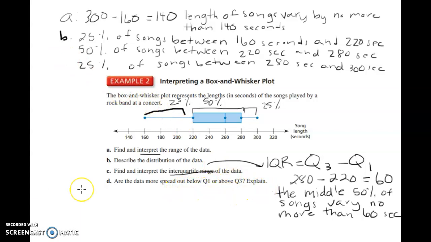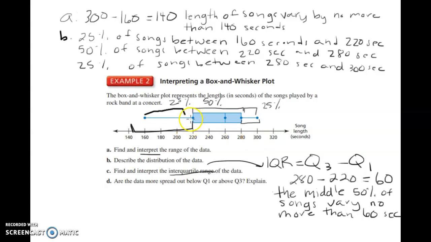So if we look at below Q1, so here's Q1, and from Q1 we're talking about 220 to 160. And above Q3, we're talking about 280 to 300.